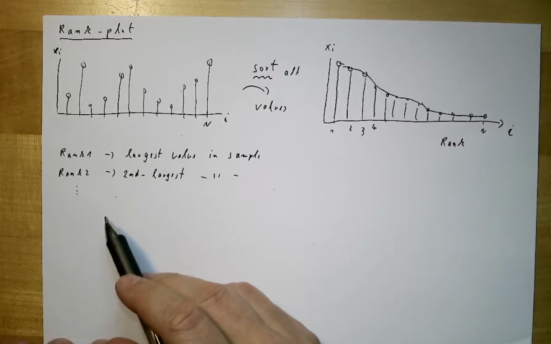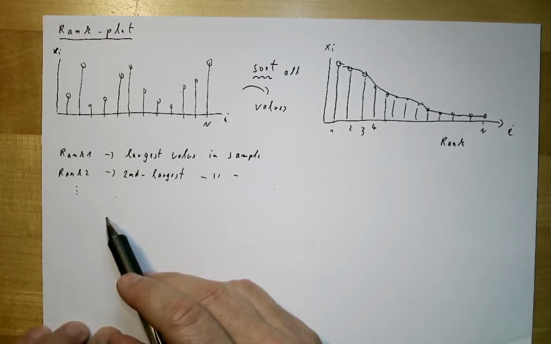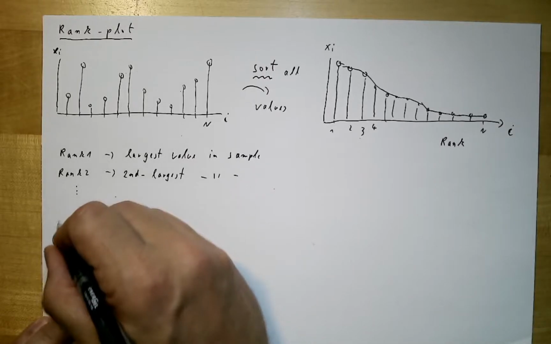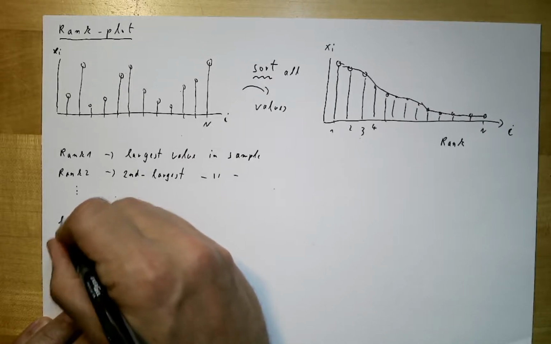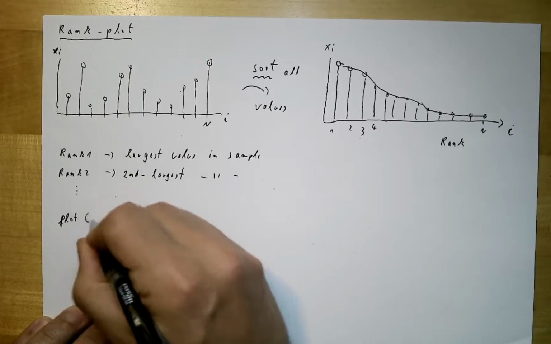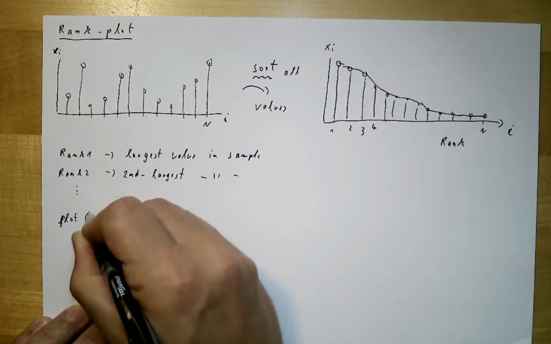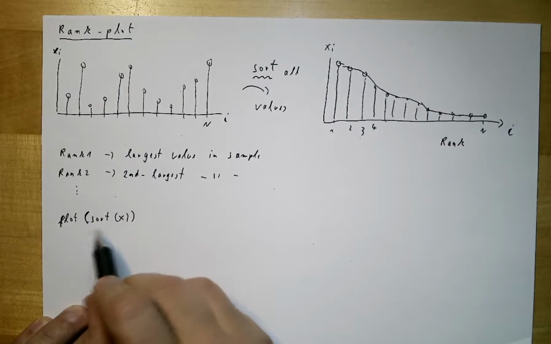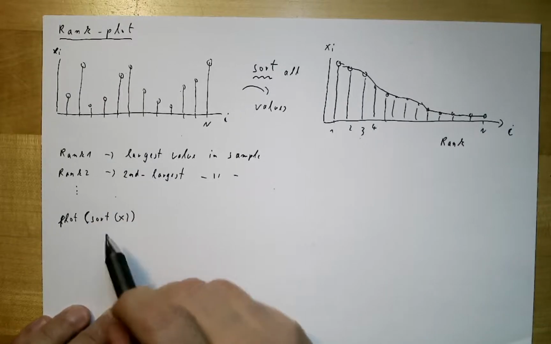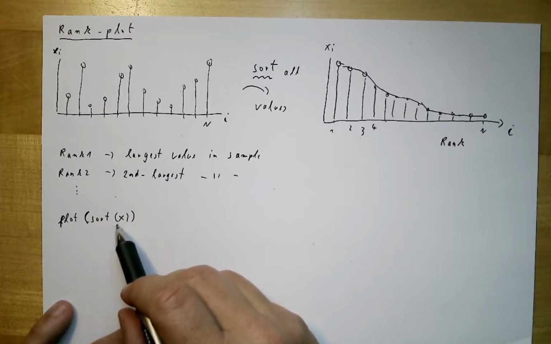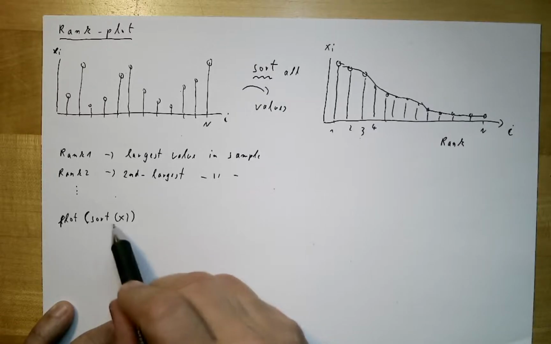So on the computer you can do this very simply. Basically you just make a plot of sort of x. So you need a sorting algorithm. There are very efficient sorting algorithms, and you have to take care.